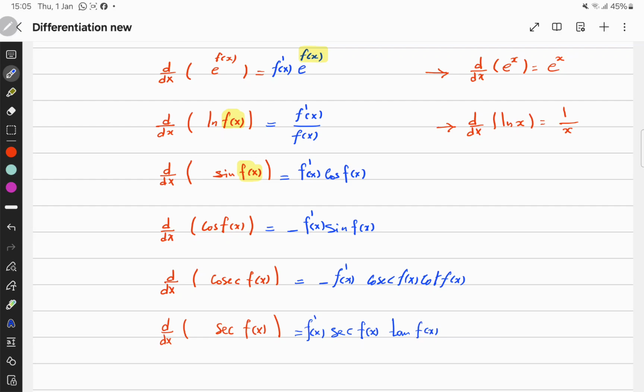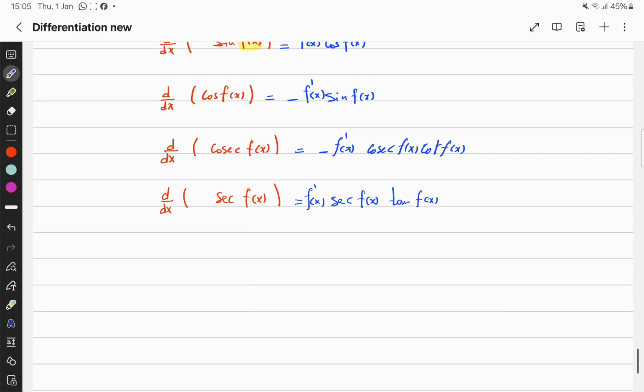And as you know, we always have a relationship between sec and tan, and also a relationship between cosec and cotan, because those functions both have the same denominator. Then we are going to know how to differentiate tan x or tan f of x, and the derivative of cotan f of x.